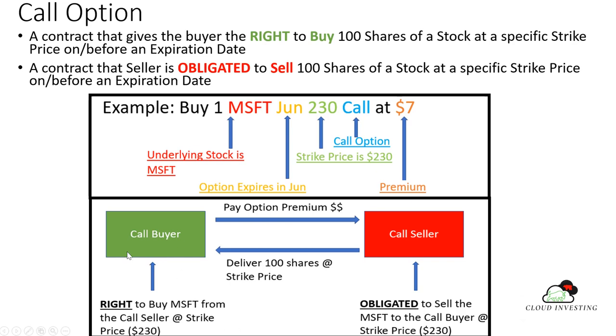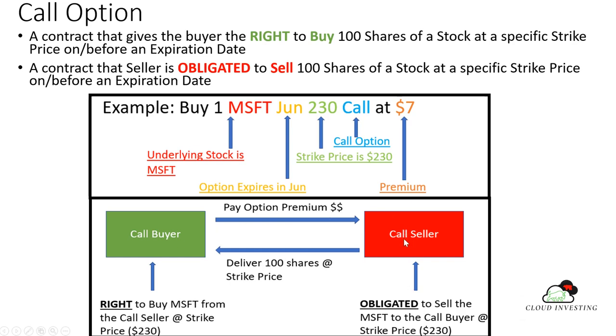If you are the call buyer, you are paying the premium to the call seller to get this option contract. After you pay the premium, you have the right to buy the Microsoft shares from the call seller at the strike price, which is 230. So if the Microsoft price goes up to $300, you can still buy at 230 from the call seller.